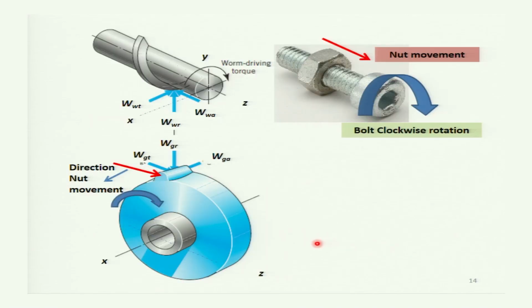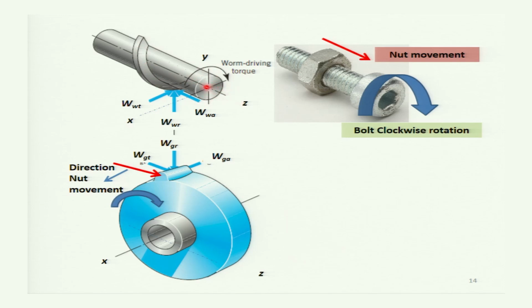The forces which we determined between worm and worm gear are given by this, and we may apply the analogy of nut and bolt to get the direction of motion of the gear if a particular direction of rotation is given to the worm drive. As we have studied, the worm is just like a screwed member in which a screw is wrapped along a cylinder, or travels along the length of the worm making a helix angle.